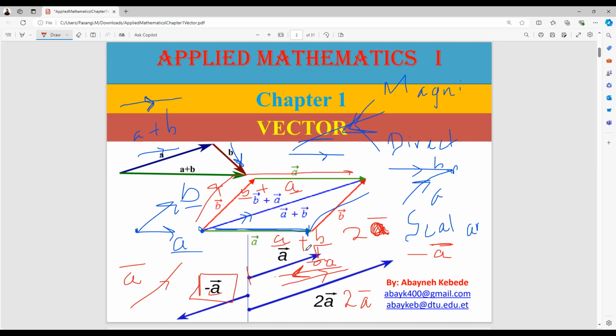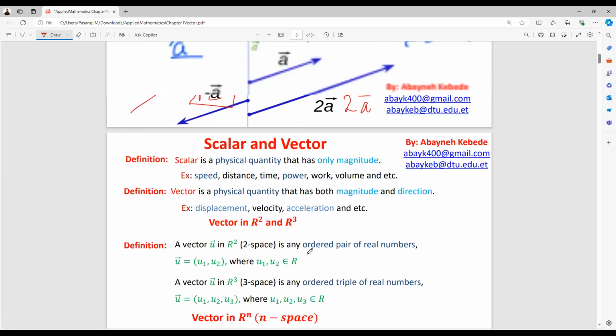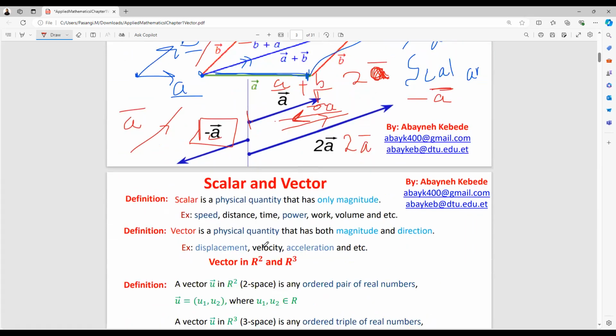Magnitude will be 2 times. Yes, magnitude will be 2 times A. Is it clear how it works? Yes. Okay, so that's up to that.